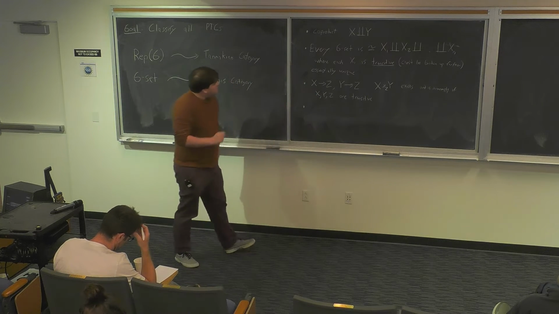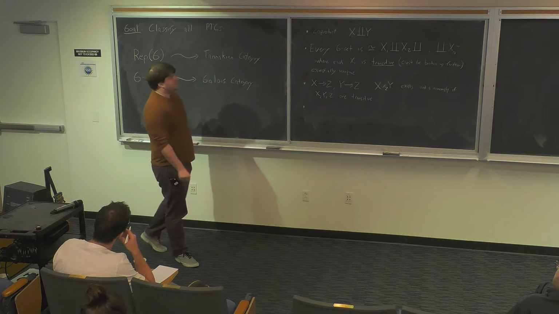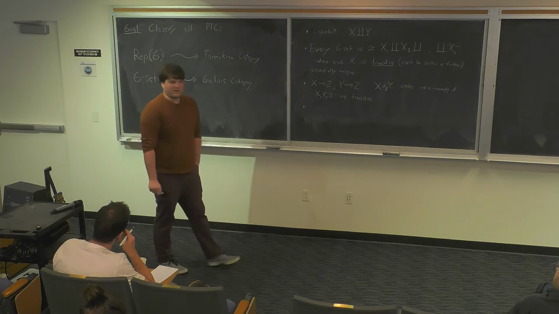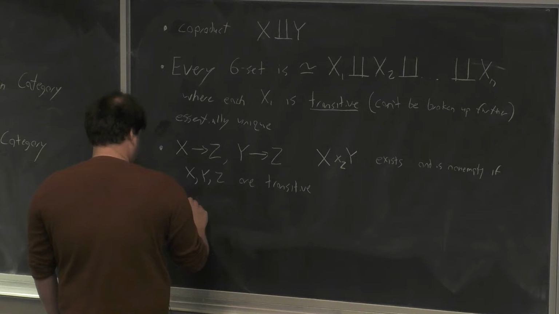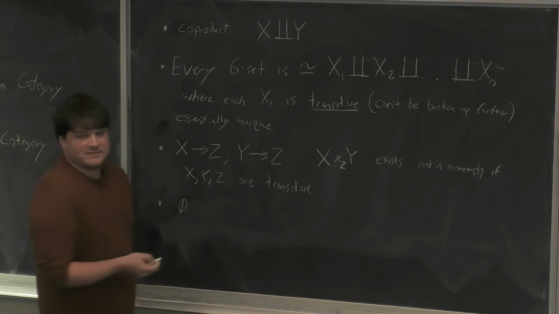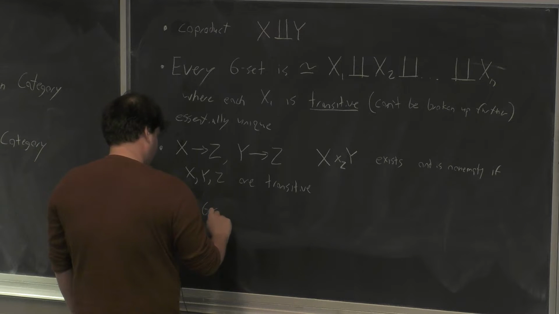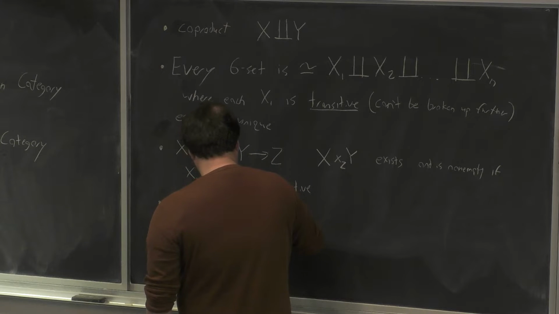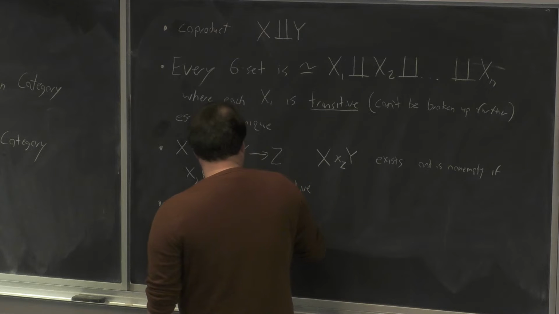I guess I should also say there are a couple distinguished G sets in the category of finite G sets. We're going to count the empty set as a G set, and also we have what I'll just denote by a point, which is also a G set.